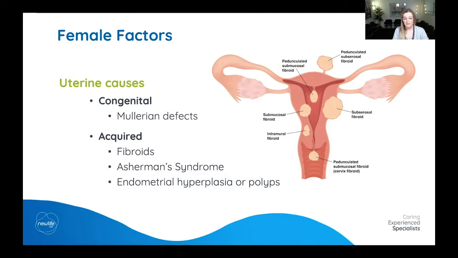We see some patients with a rare condition of scarring within the uterus. This is called Asherman syndrome. And there can also be disorders of the lining of the uterus called the endometrium. This could be endometrial hyperplasia or disordered growth of the lining, or endometrial polyps. Both of these can impair implantation.